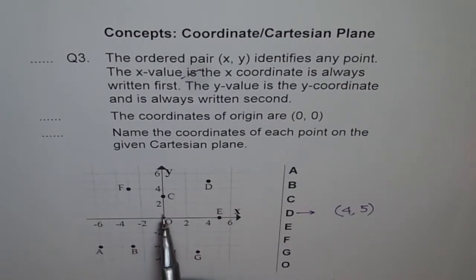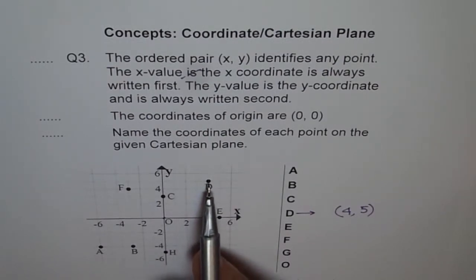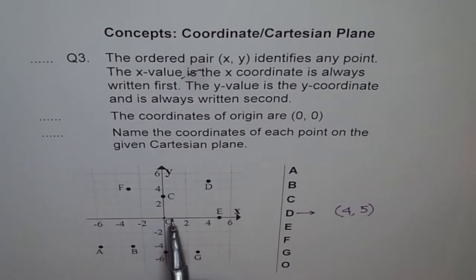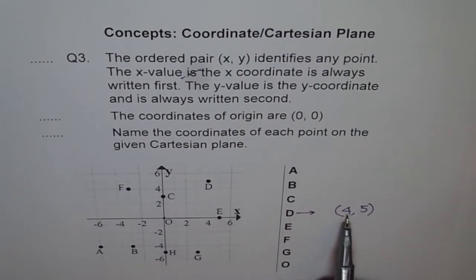When we move vertically up and down, the y value increases or decreases. If you go diagonally, both x and y change. Moving to D, we went 4 units right and 5 units up, giving the ordered pair (4, 5).